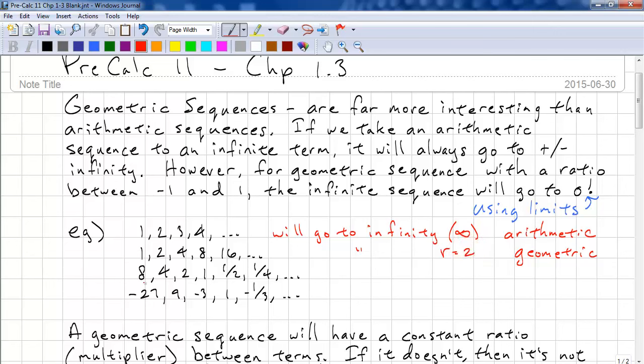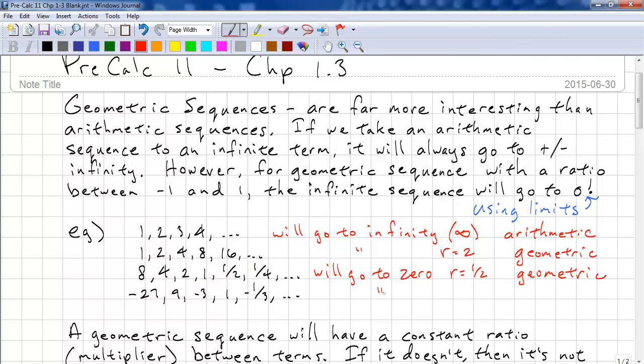Here, this one's also geometric. And this one will go to 0. And its multiplier is 1/2. So 8 times a half is 4, 4 times a half is 2, and so on and so on.